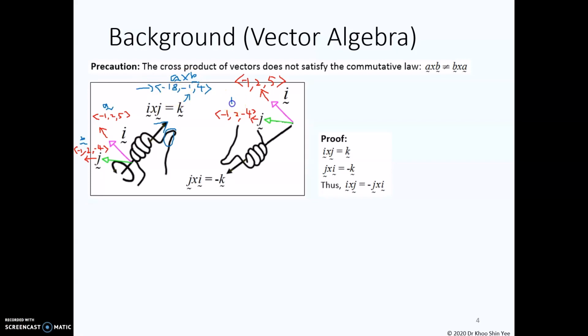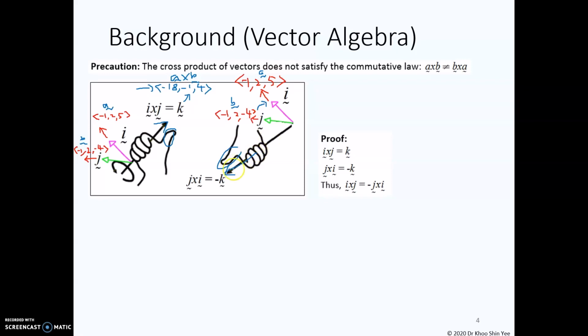On the other hand, when you take vector B cross with vector A, you need to point your fingers to the B direction first and cross them towards the A direction, and the direction of your thumb will be here.